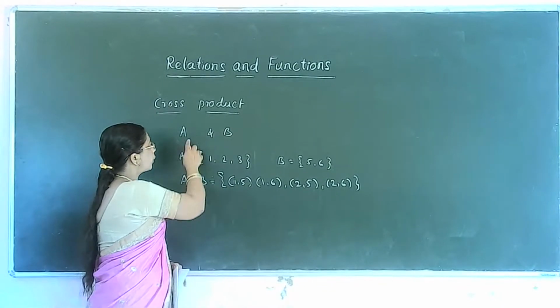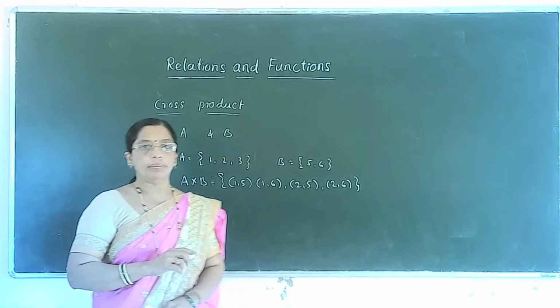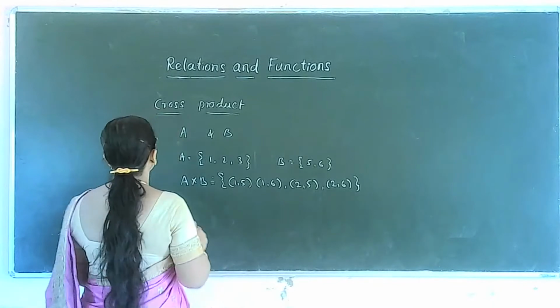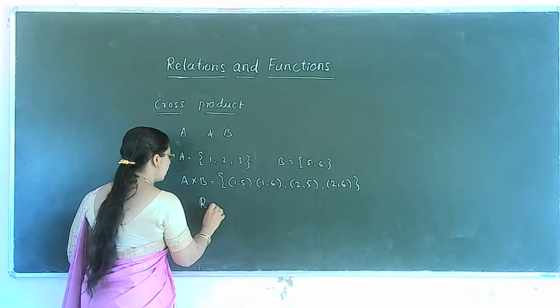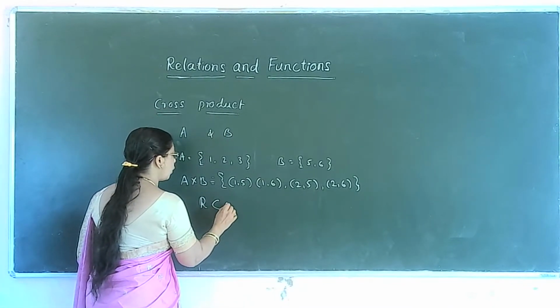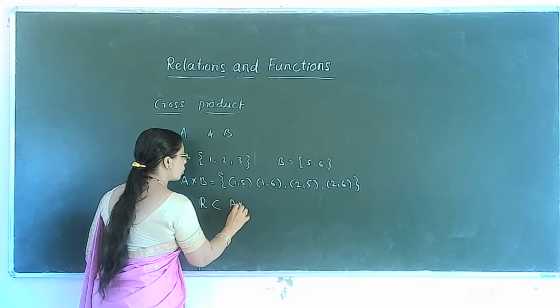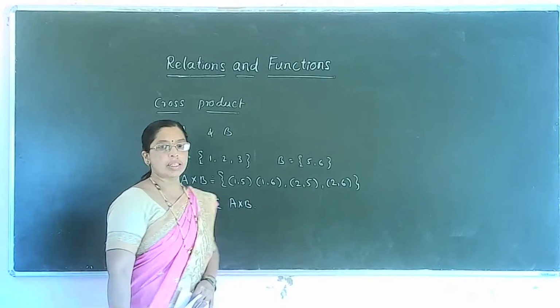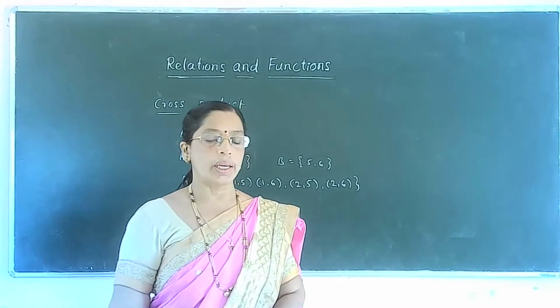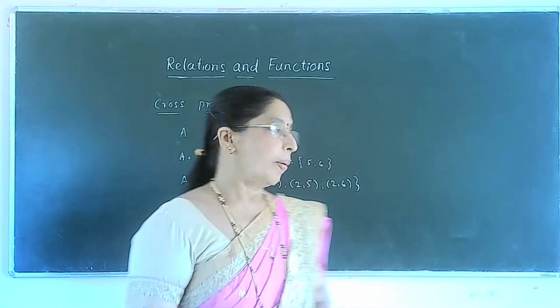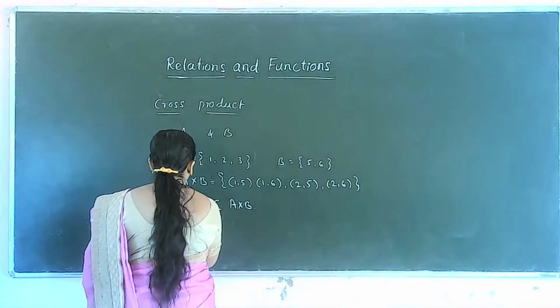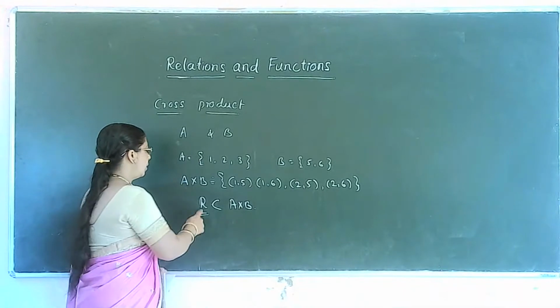This is the cross product of A and B. Then R is a subset of A cross B. R is a subset of A cross B. It's called a relation.